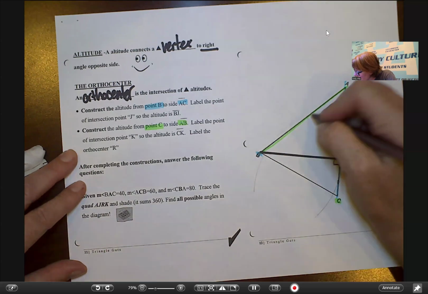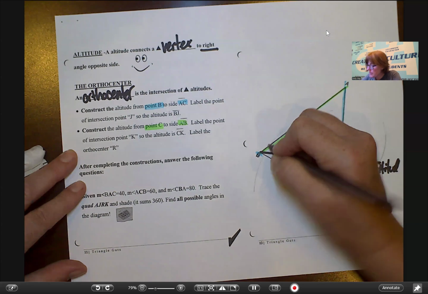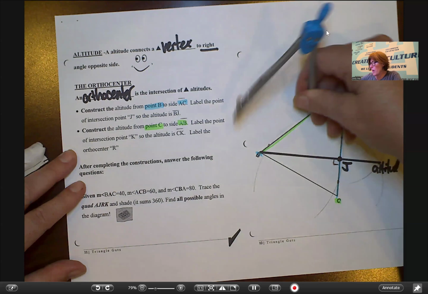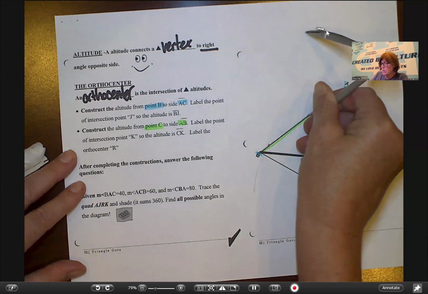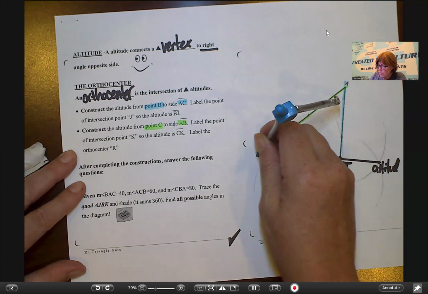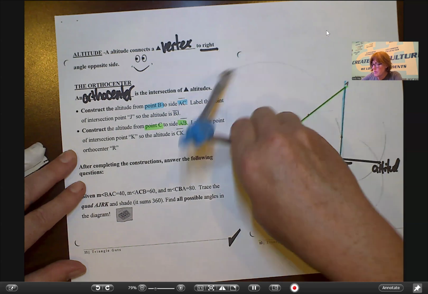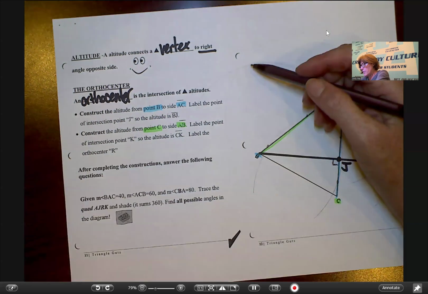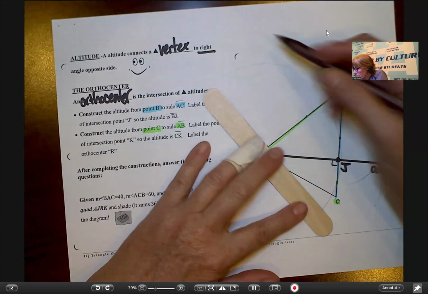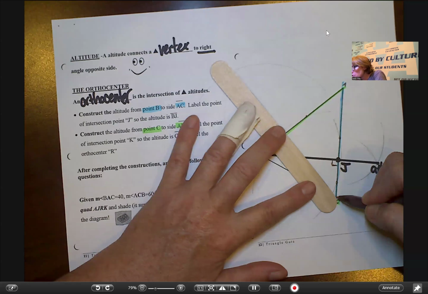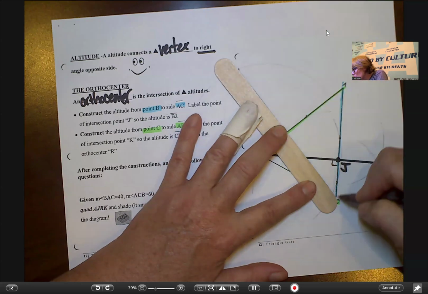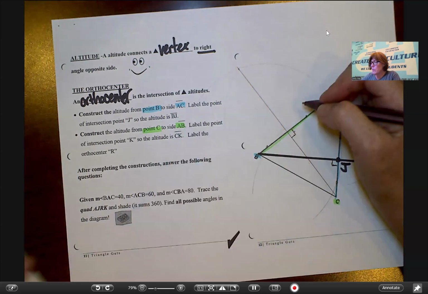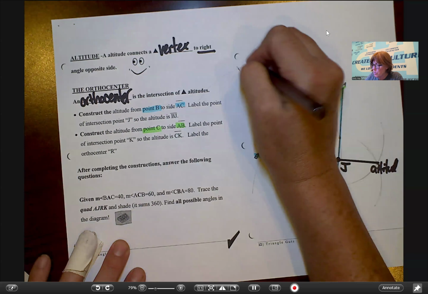You have 2 points of intersection. Tilt, drag. Dimple. Dimple. Smiley, dimple, dimple. From here to that point of intersection, right out here. That is a perfect perpendicular, which makes this an altitude.